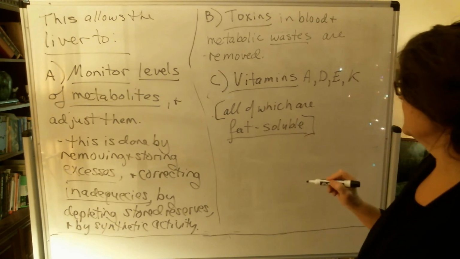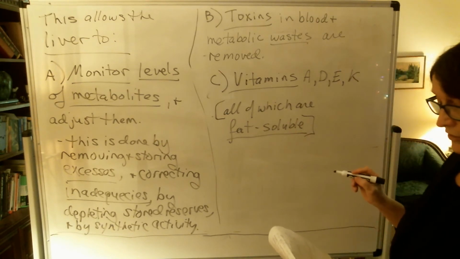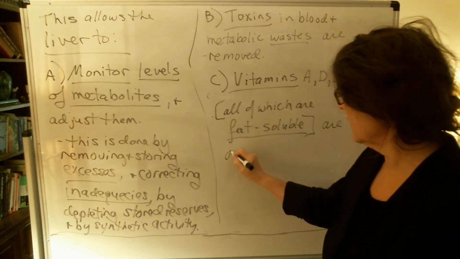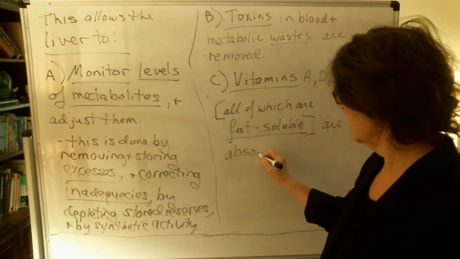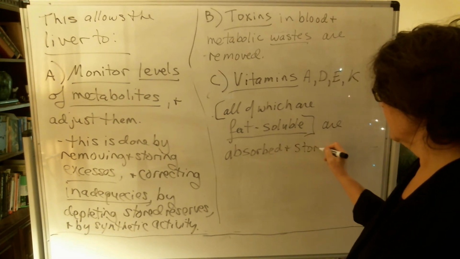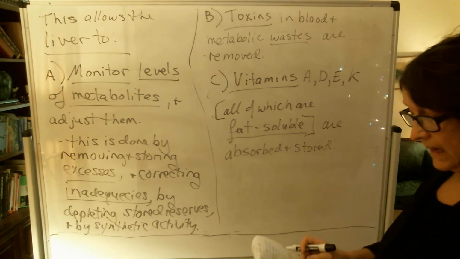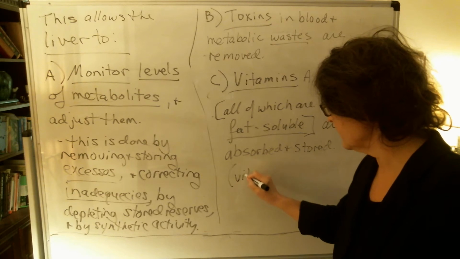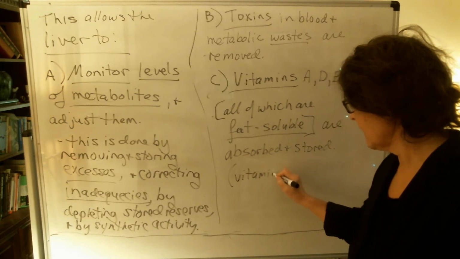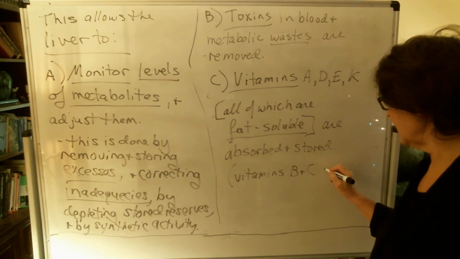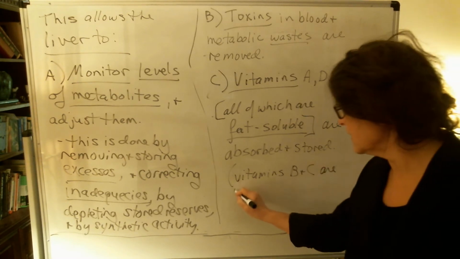So vitamins A, D, E, and K, all of which are fat soluble, are absorbed and stored. And I'm just going to say briefly, vitamins B and C are water soluble.